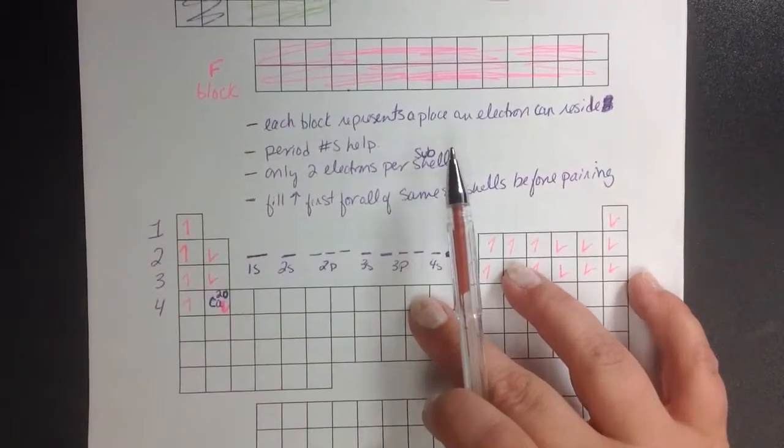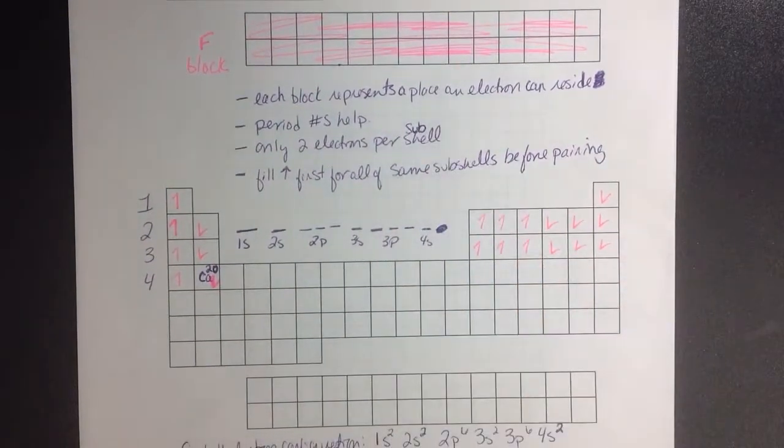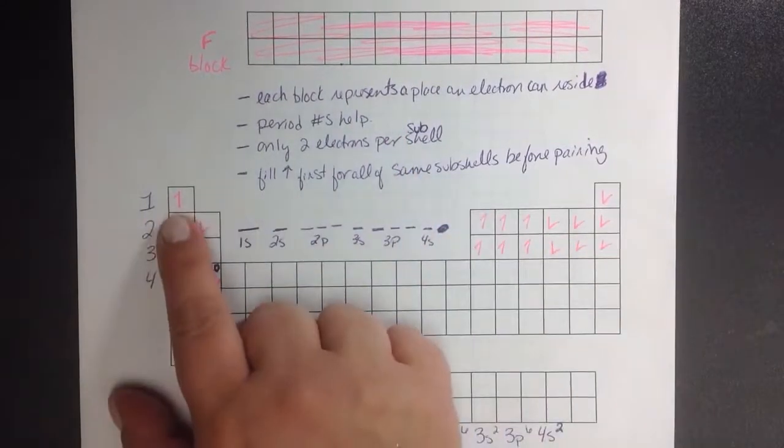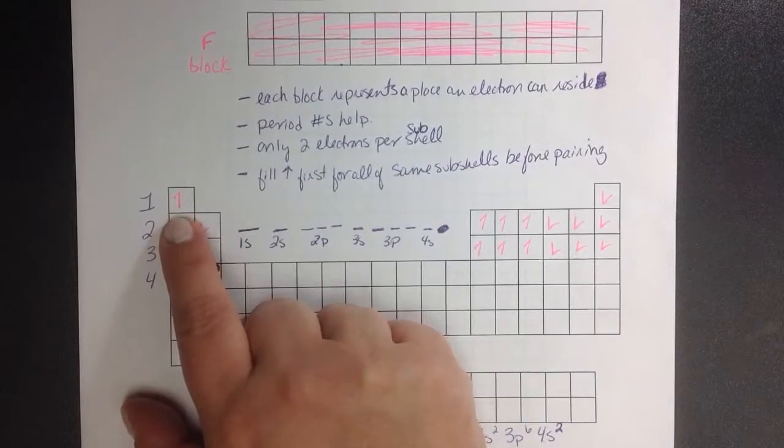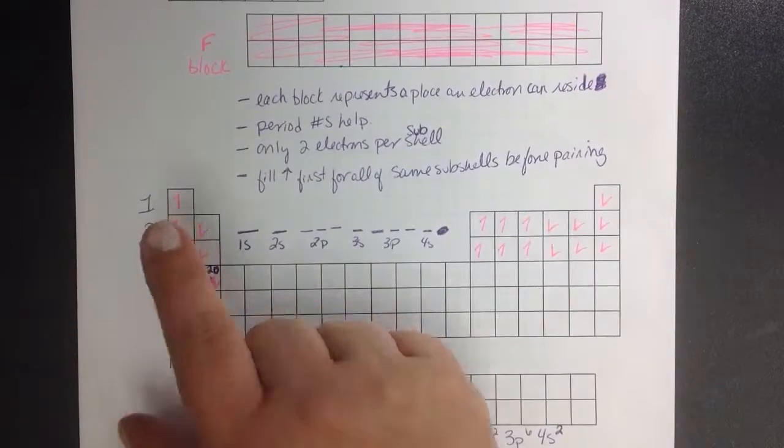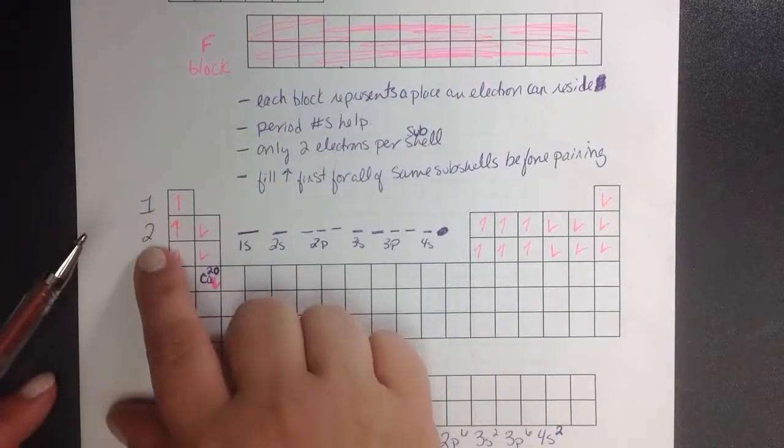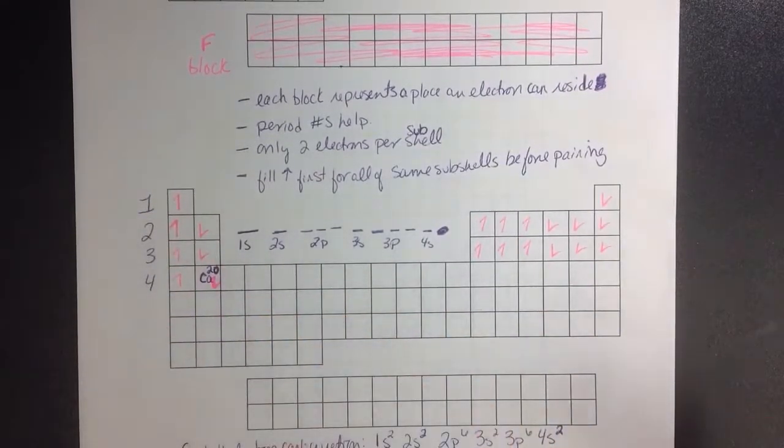So we're going to go with some basic rules, and then I'm going to show you how to use that, okay? Each block is representing where an electron can live, its home base. The period numbers help. So this 1, 2, 3, and 4 are going to help us build these things. You only have 2 electrons in a subshell, just like we talked about.